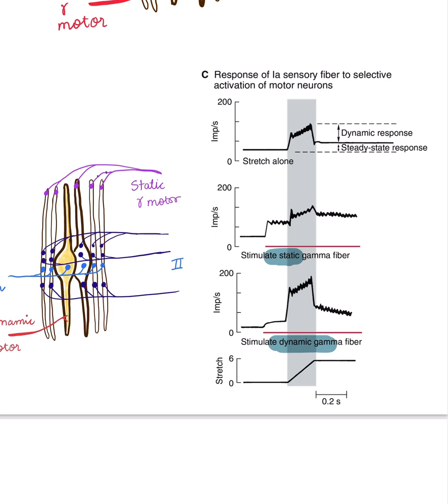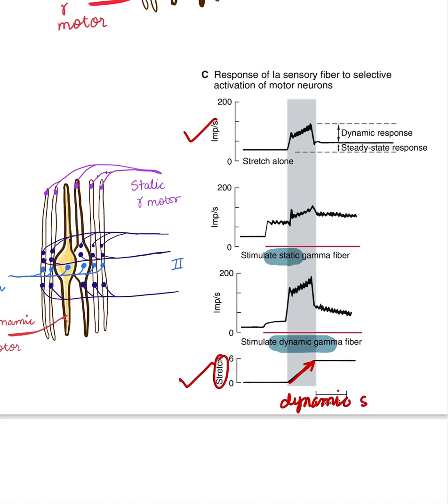So we'll first concentrate on this graph and this graph. In this graph, we are seeing that stretch is increasing. Since it is increasing, this indicates the dynamic part of a stretch.